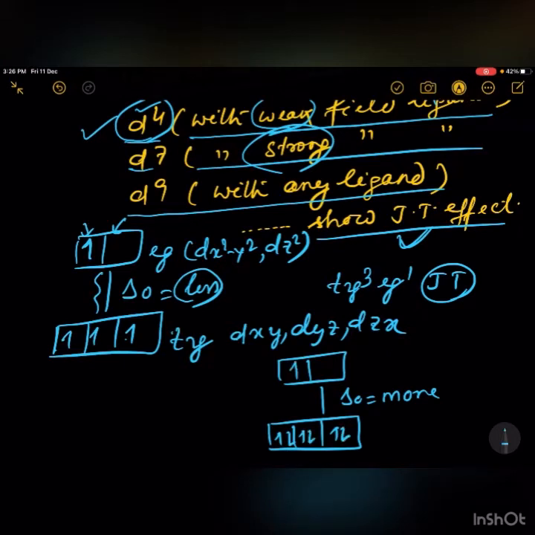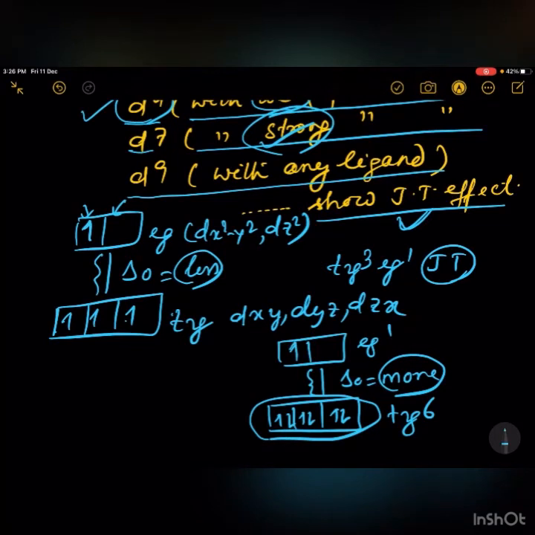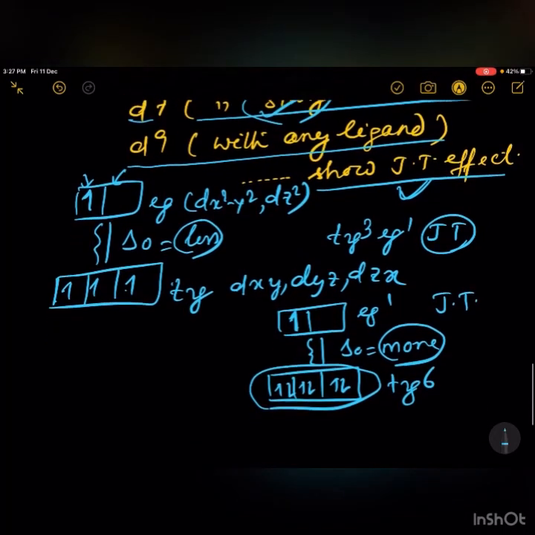You see, as it is a strong ligand, the difference will be more. So after completely filling T2G, EG contains one electron. As one of the EG orbitals contains one electron more than the other, there is the Jahn-Teller effect.